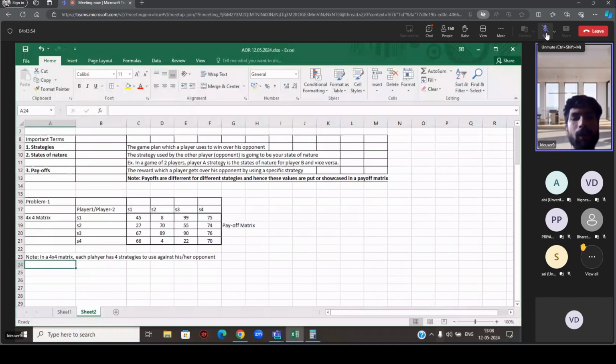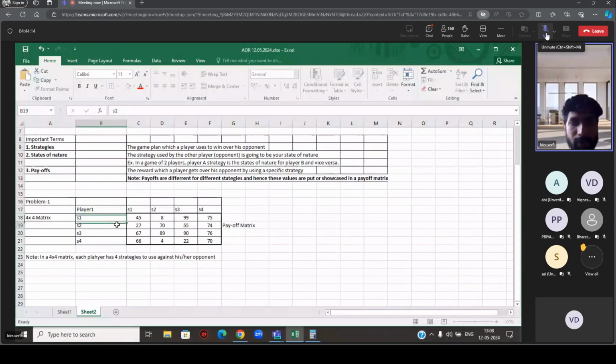Now you see, for player 1, S1, S2, S3, S4, he has 4 strategies which he can use against player 2. And player 2, you will get confused, I will erase the confusion.